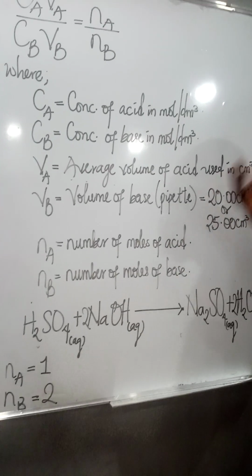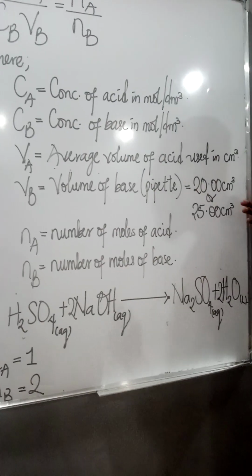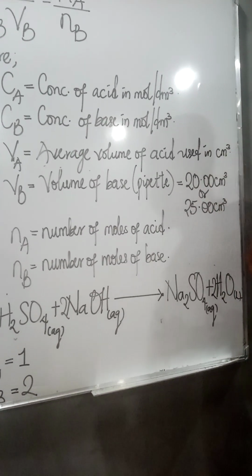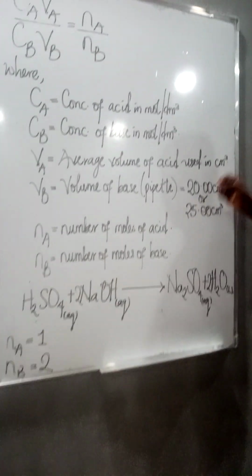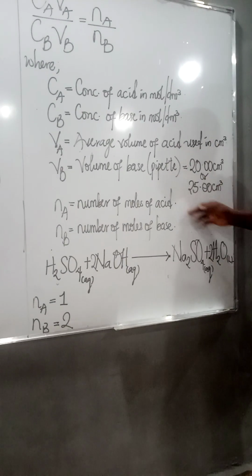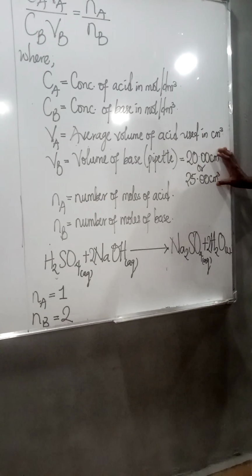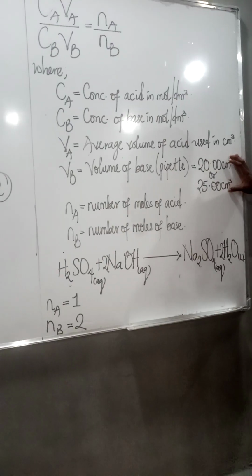Basically, for a lot of schools, the 25.00 cm cube is what is mainly used. You can use either, but always write down the volume of base, or the volume of the pipette used. This is a fixed value, whether it is given to you in the question or not. This is what you use.